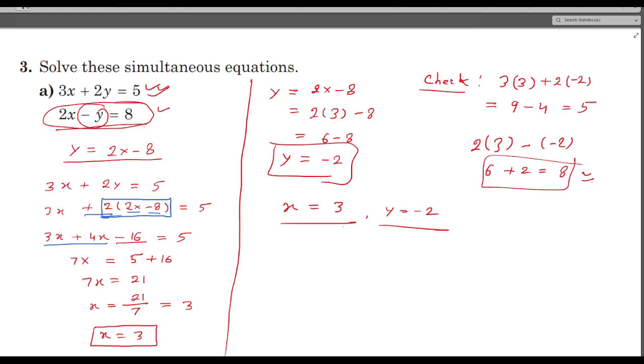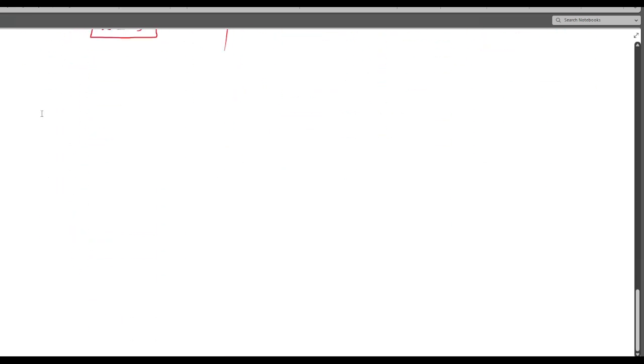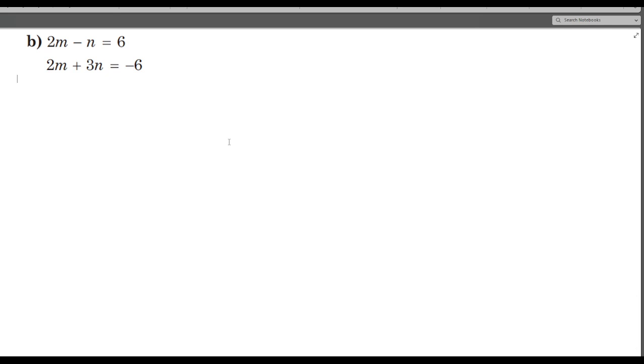Now I will do one problem using the elimination method. So let us first understand what we mean by elimination method. In the elimination method, we first make the coefficient of any of the variables the same.